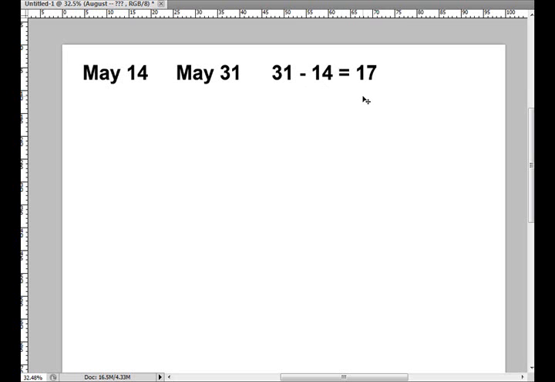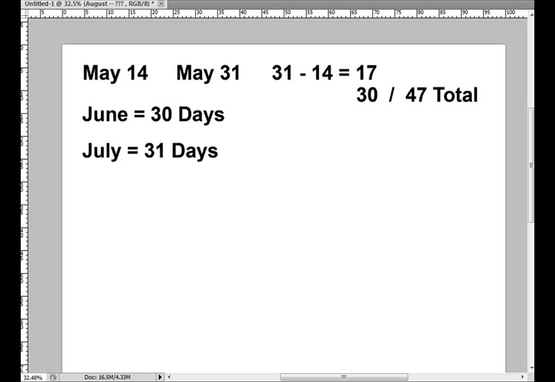We have to get to 90. We're not there yet. I know that I'm going to have all of June because June is 30 days. And 17 plus 30 is 47. I also know that we're going to have all of July. 31 plus 47 is 78. Now we're getting a little bit closer to that magic number of 90.